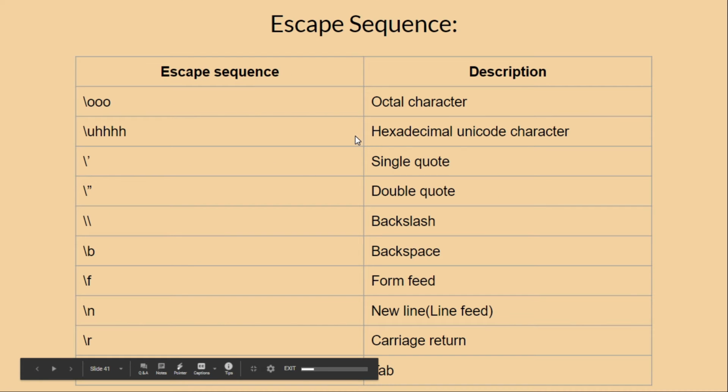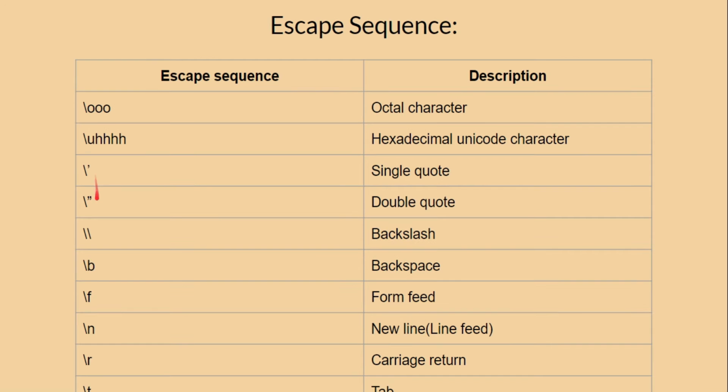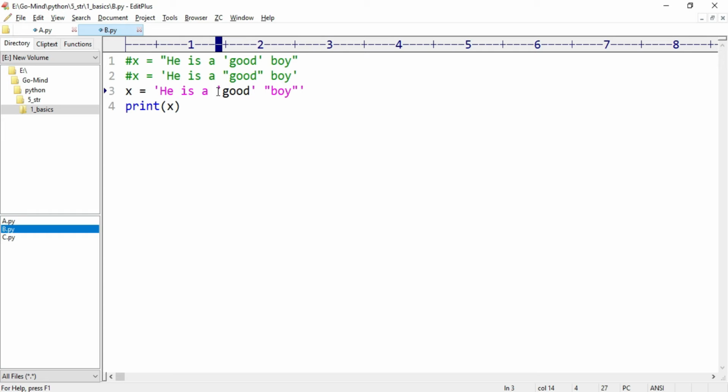This is known as an escape sequence. If we want to use single quotes inside single quotes, then we have to write it like this, backslash and single quote. And if we want to write double quotes inside double quotes, then we have to write backslash and then double quote. And there are some more sequences, so we'll see them in further lectures. Let's see this backslash.